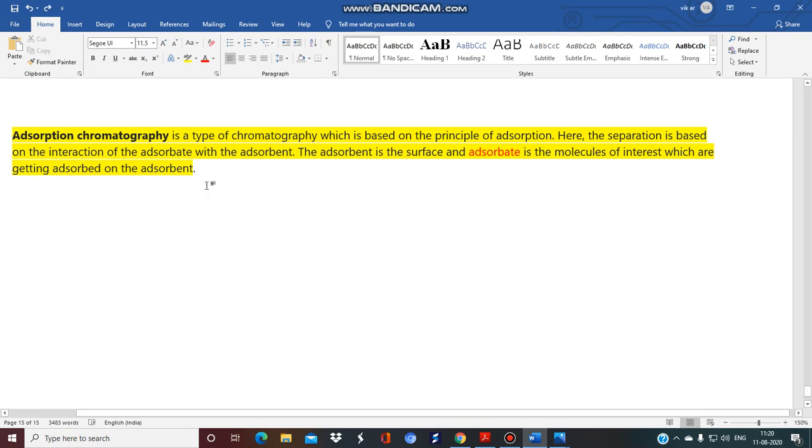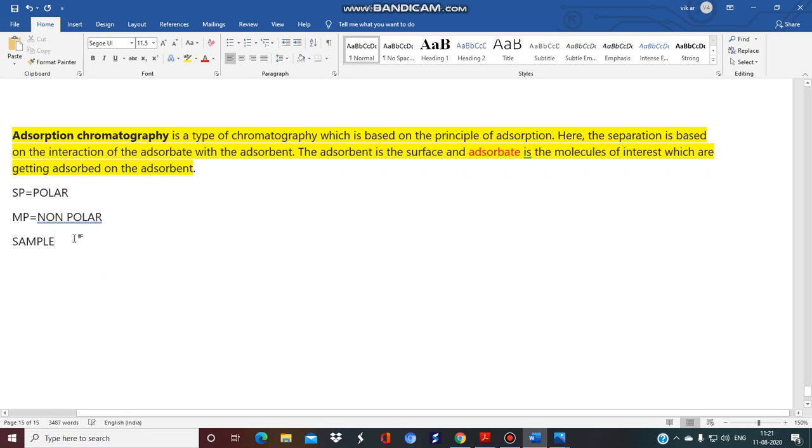So let's see again. If I talk about adsorption chromatography, we know for chromatography we require three things. First is the stationary phase, second is the mobile phase, and of course our sample. In adsorption chromatography, in normal phase, the stationary phase is polar, and the mobile phase is non-polar.